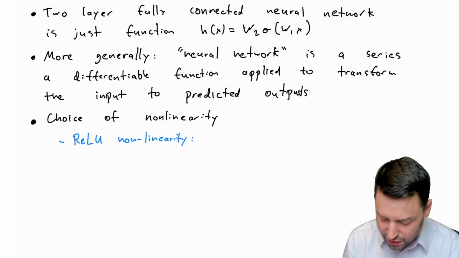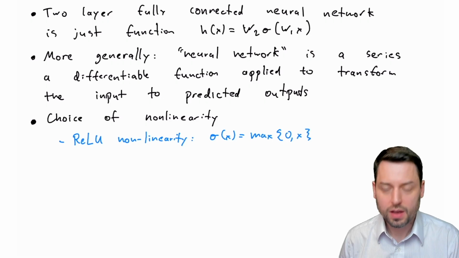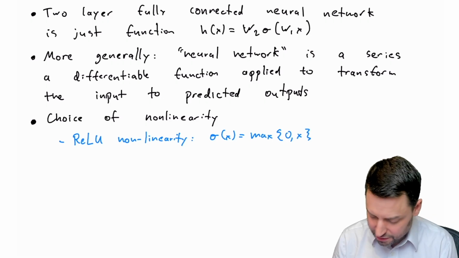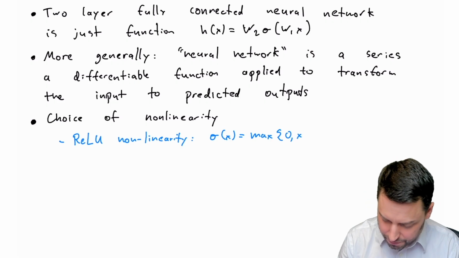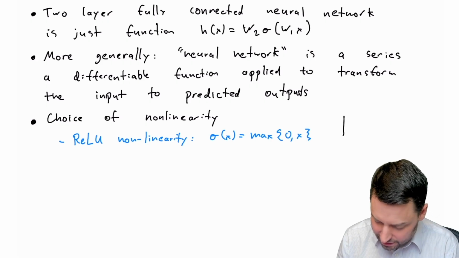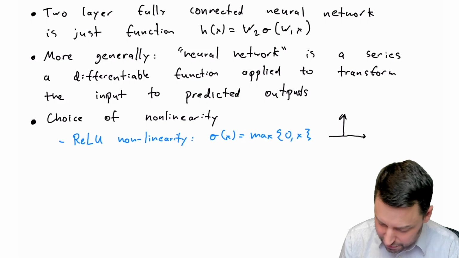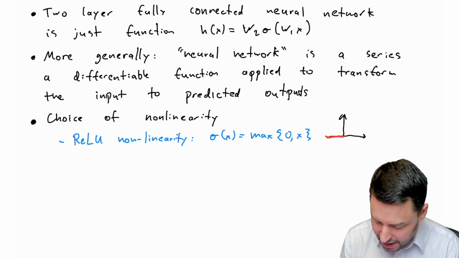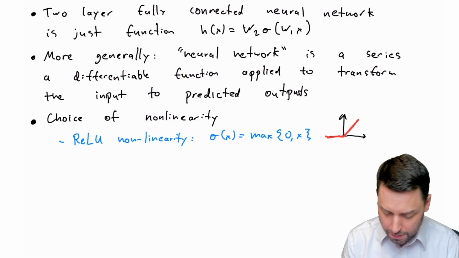This is just the function sigma of x equals the max of 0 and x. If I plot that, it looks like a function that is 0 on the negative portion of the axis and then becomes positive here.